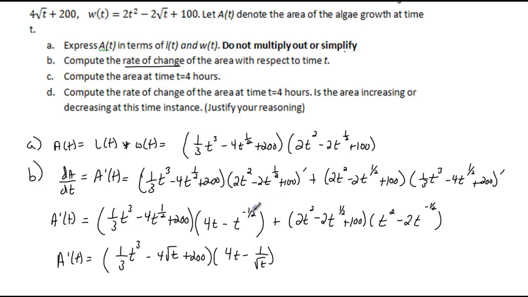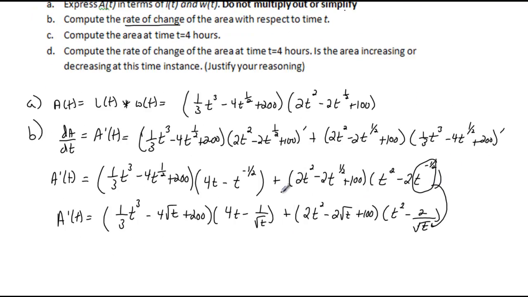Converting t to the negative 1/2, I can bring this down to the denominator as a positive exponent and convert it back to the square root, plus 2t squared minus 2 square roots of t plus 100. And over here we're going to have t squared minus 2 all over square root of t. So I took this down to the denominator with a positive exponent. So either one of those are sufficient answers.